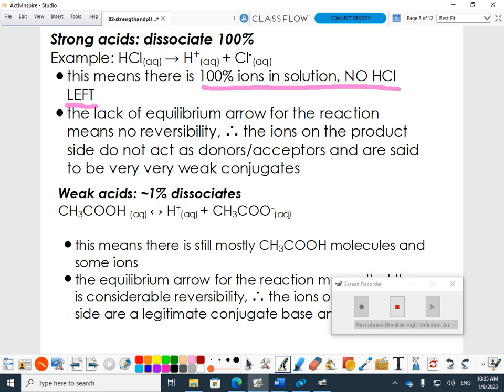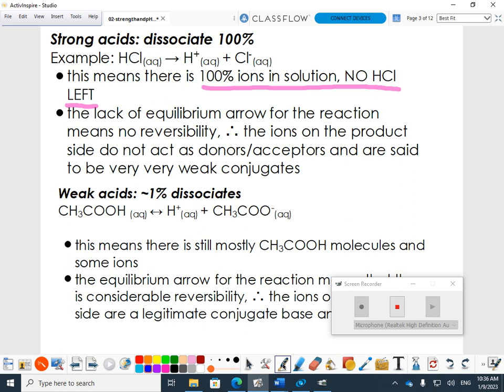The ions on the product side do not act as donors and acceptors. In grade 11, when we first teach you to write down acids and bases and label them proton donors and proton acceptors, we often choose HCl as the acid, or something like sodium hydroxide as the base, to give you a chance to see if the proton transfer works.